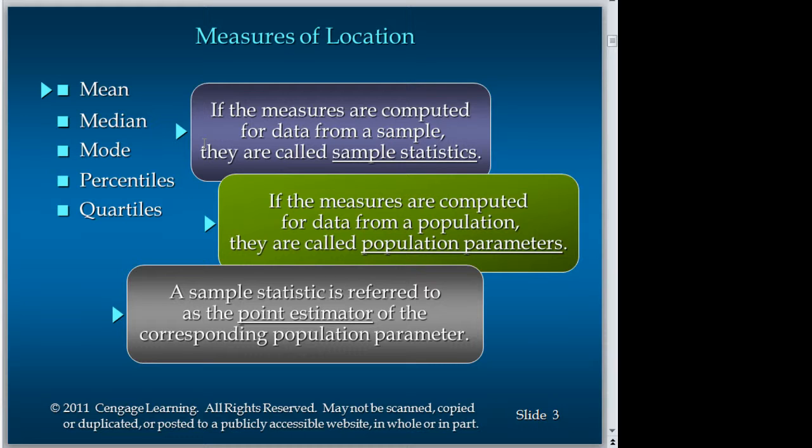Now it says it's a sample statistic. So if you have any type of number from a group of sample, then it's called a statistic value. Versus if you have any type of number, it could be mean, it could be median, it could be anything, any type of number that you extract from a population, then you call it a parameter.